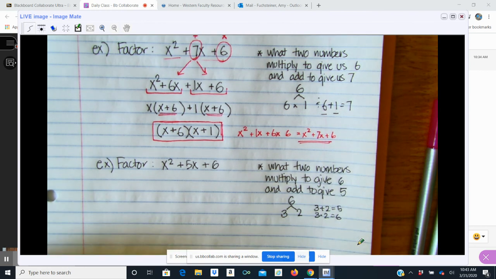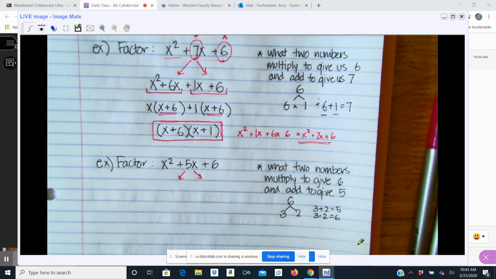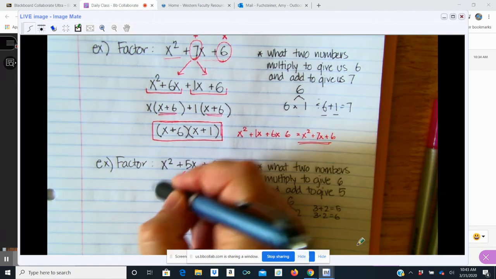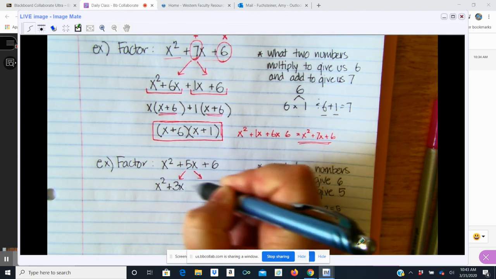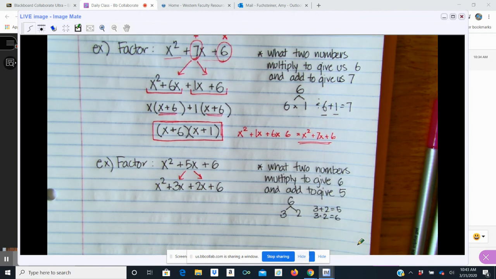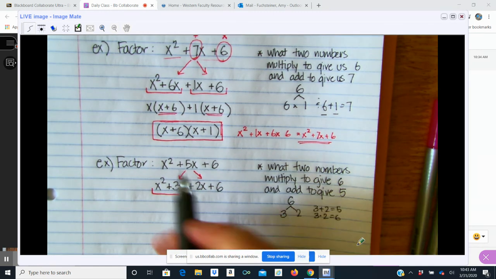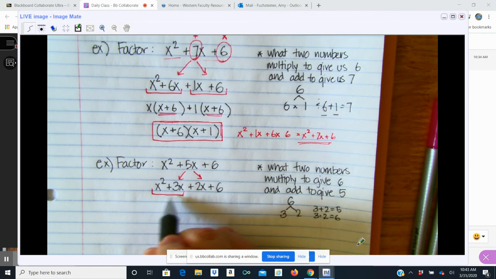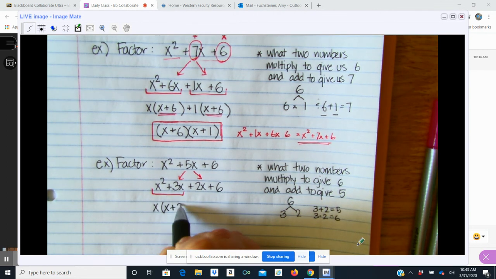So that means I'm going to deconstruct this middle term. And I'm going to write it as x squared plus 3x plus 2x plus 6. If I look at the first two terms, I can take out an x, and I'm left with x plus 3.